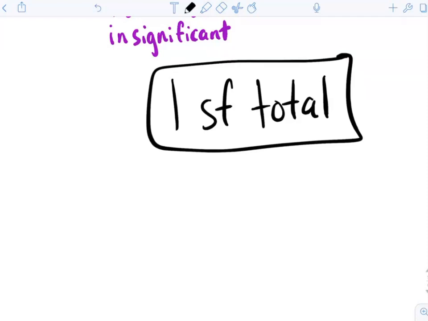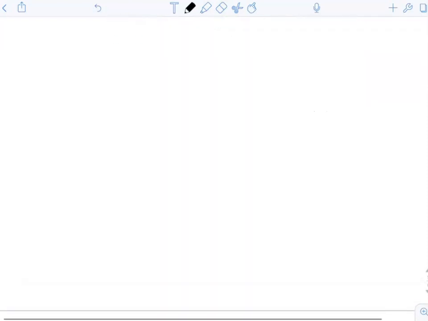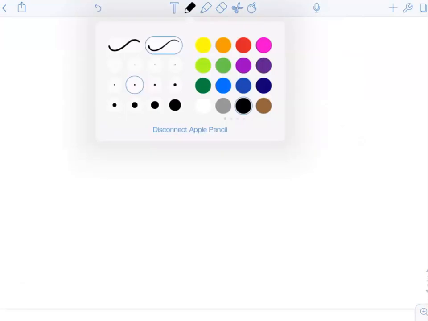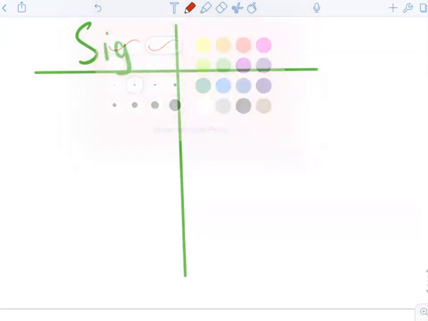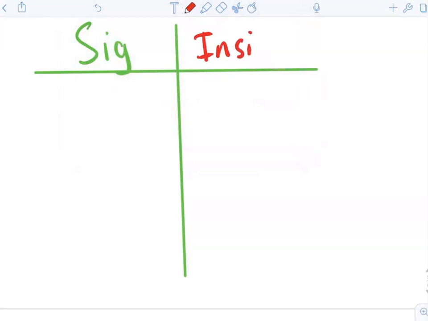Now, really fast, I want to put this together in a chart just to make it a little more unified. So we have significant, and then on the other side, we're going to have insignificant.